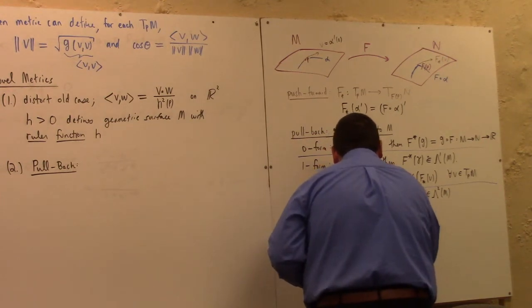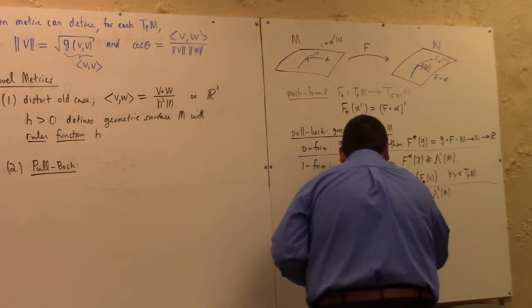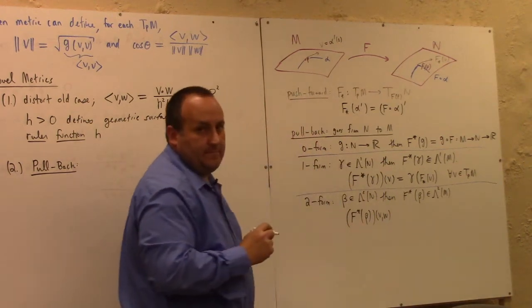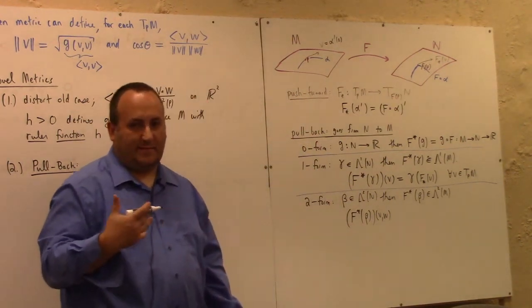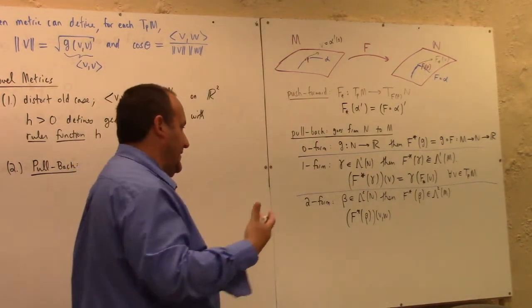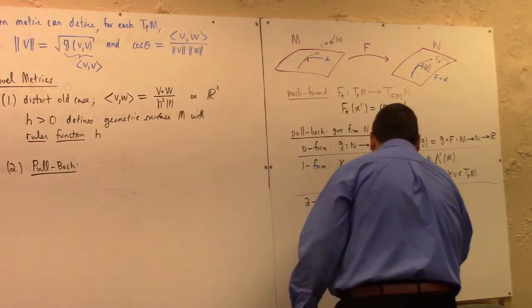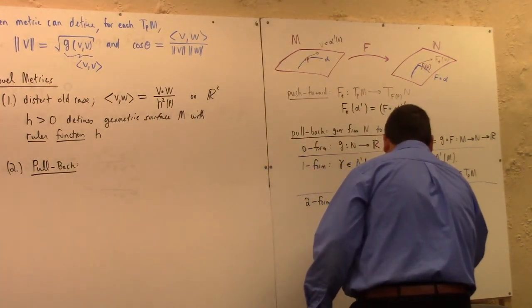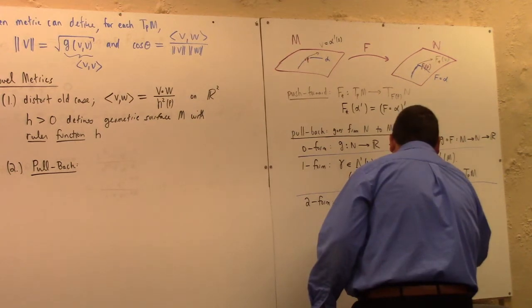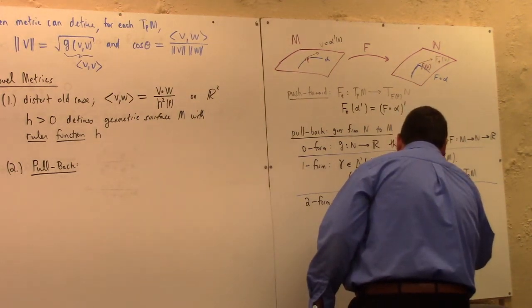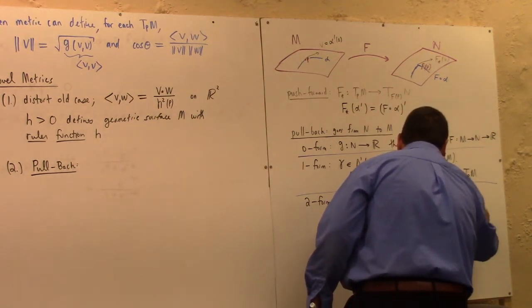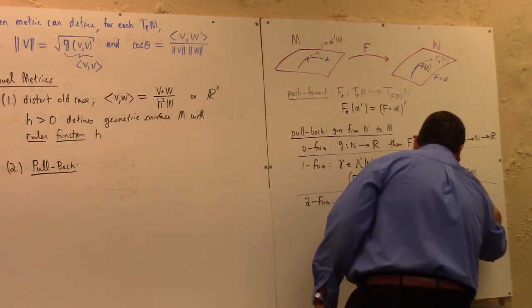You have to let it act not on one vector, but on a pair of vectors. A two form is defined by acting on pairs of vectors. And the formula is just beta of F lower star V, F lower star W, for all V and W in T_P M.